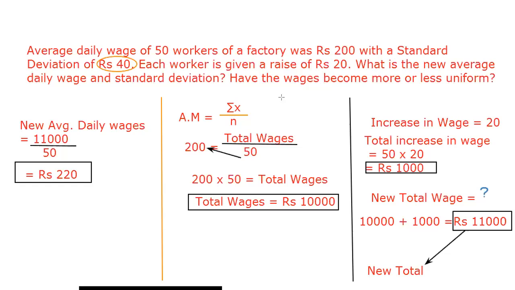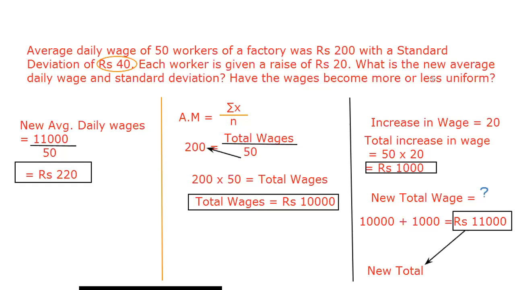So, the coefficient of standard deviation formula, have you all remembered? That is standard deviation by arithmetic mean into 100. So when the daily wages increase by rupees 20, definitely there will be an increase in the mean. Here we have found this is our new average.